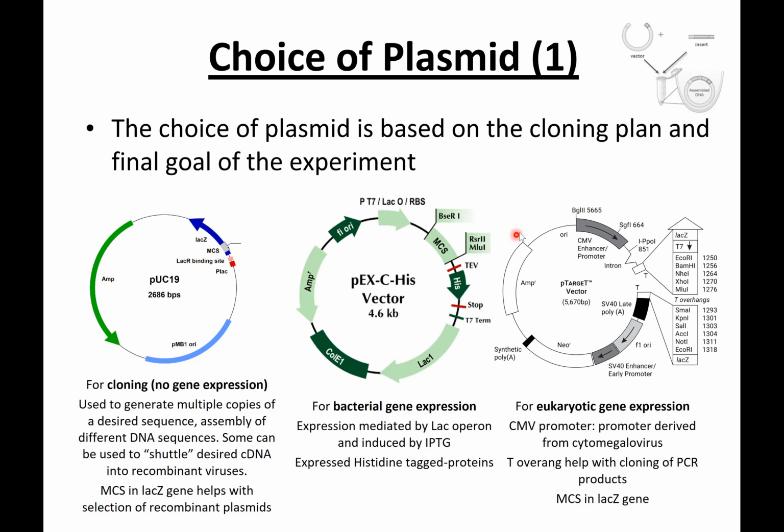This vector here, finally, instead, is an expression vector which works in eukaryotic cells. The promoter it has is a CMV promoter, a promoter that comes from the cytomegalovirus, which is a virus that normally infects humans.